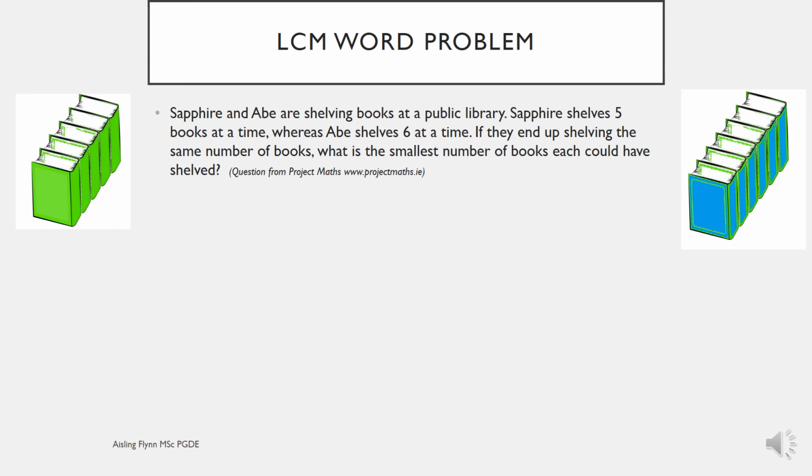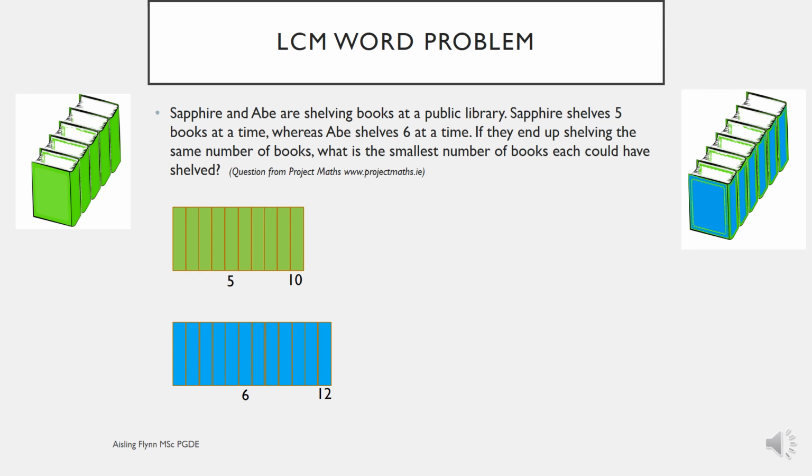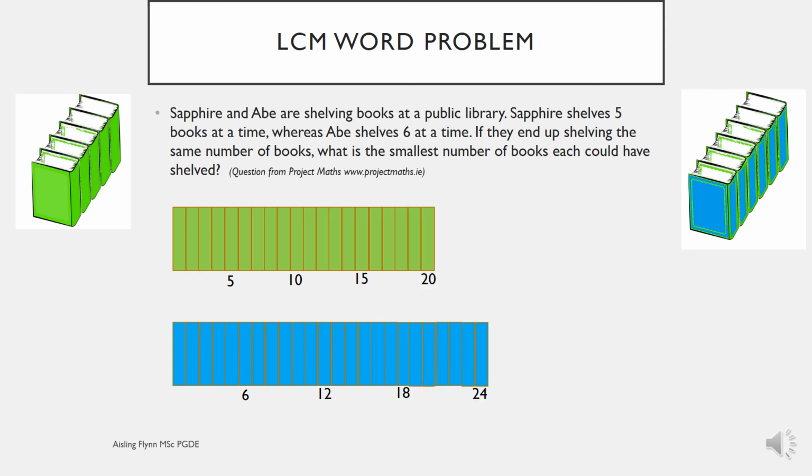So let's consider. In the green we have bundles of 5 books. That's Sapphire, and in the blue are bundles of 6 books. So we have 5 and 6, 10 and 12, 15 and 18, 20 and 24, 25 and 30.